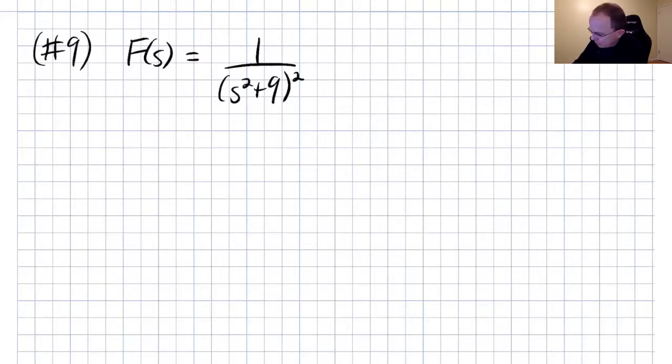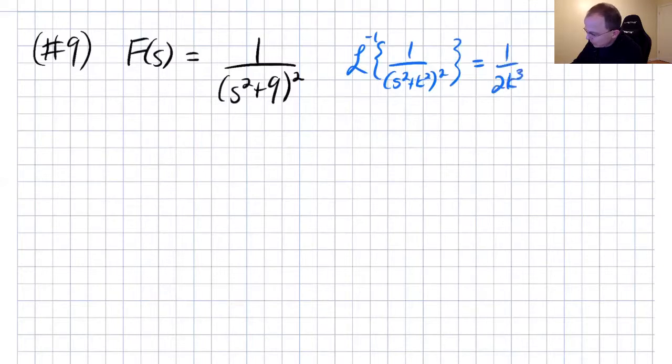So we'll see that on the table of Laplace transforms, the inverse Laplace transform of 1 over s squared plus k squared, squared, is equal to 1 over 2k cubed times sine kt minus kt cosine kt.